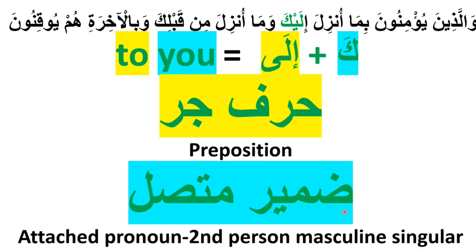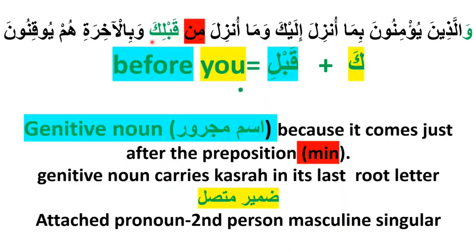Ka is a ضمير متصل, attached pronoun, in second person masculine singular. قبلك, before you. قبل, before. Ka, you. قبل is a genitive noun, اسم مجرور, because it comes just after the preposition min.